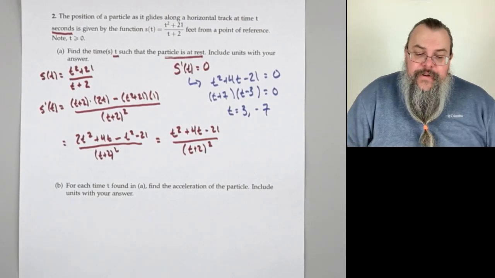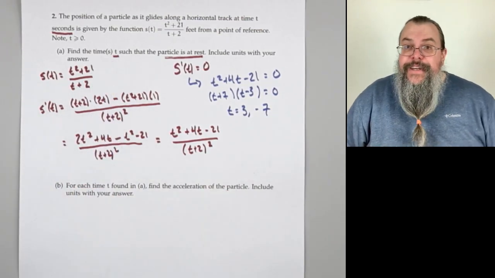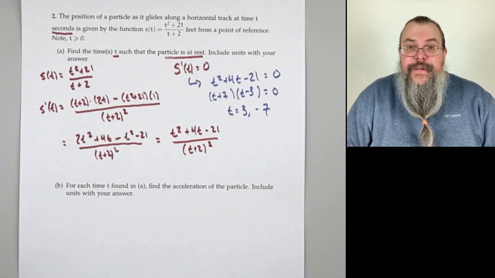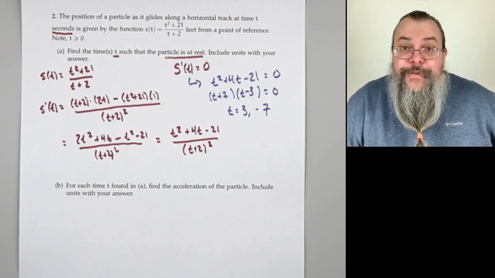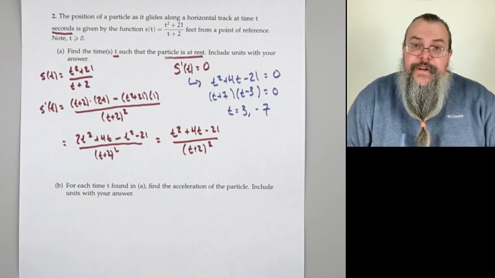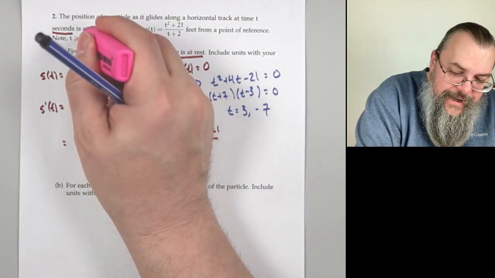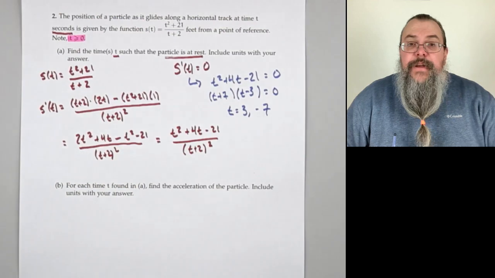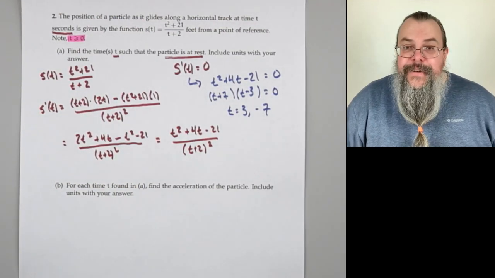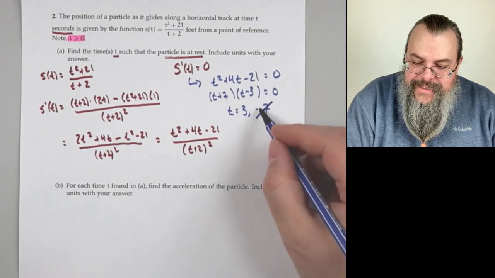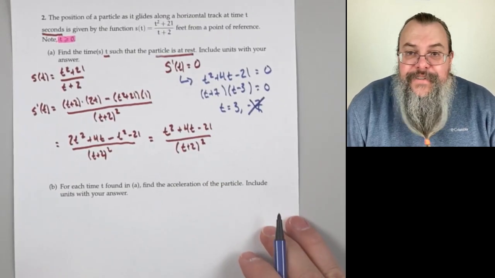Okay, wow. Well, it did say there were times t, right? So maybe there are 2 answers. But wait a second. We are careful. And there's something that caught our eye. t has to be greater than or equal to 0. So what does that do? It says it can't be negative 7.